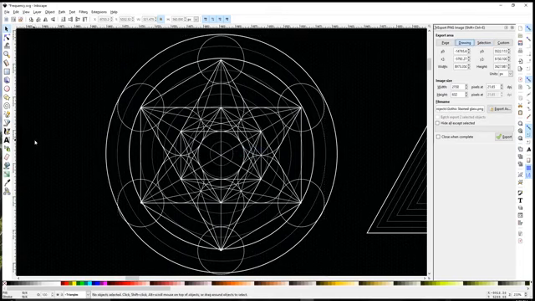Well, it's not exact, but you can see what I'm talking about. The hexagon moves right around this line right here.